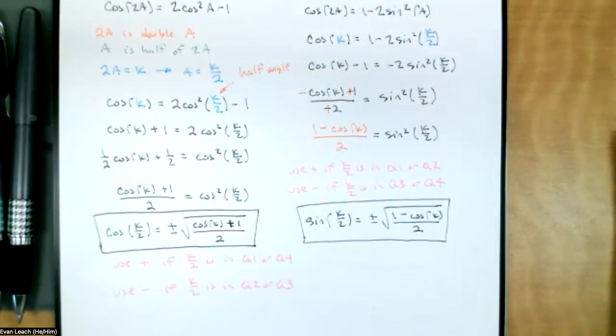It's plus in the quadrants where sine is plus, it's minus in the quadrants where sine is minus. And just by looking at K over 2, we'll be able to determine what quadrant that's in.